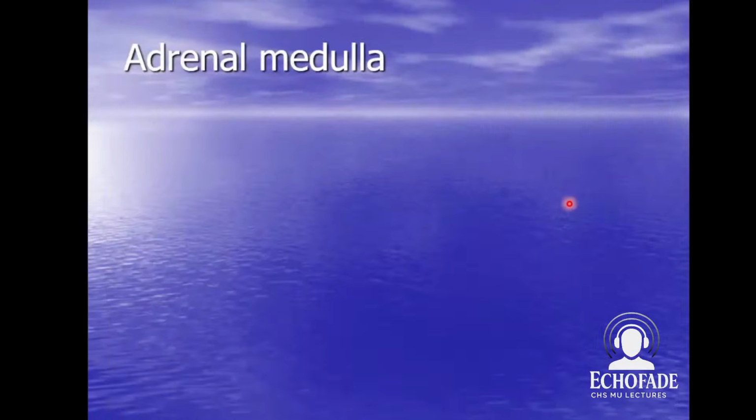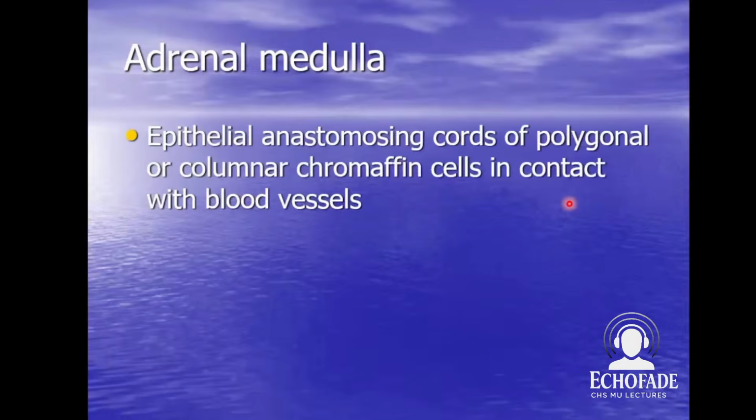The medulla, as I've said, originates from neuroendocrine cells. So they contain what we call chromaffin cells. They reduce potassium dichromate. That's why they're called chromaffin cells. They are sometimes also called argentaffin cells, because they reduce silver.